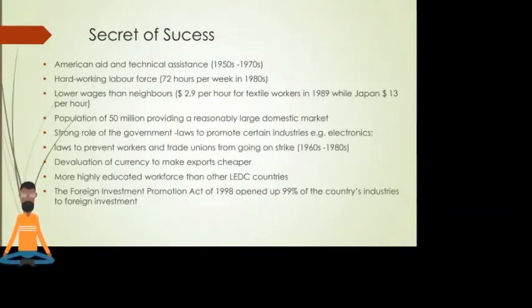Laws to prevent workers and trade unions from going on strike from the 1960s to the 1980s. The devaluation of currency to make exports cheaper, and a more highly educated workforce than other LEDC countries. And the last is the Foreign Investment Promotion Act of 1998, which opened up 99% of the country's industries to foreign investment.